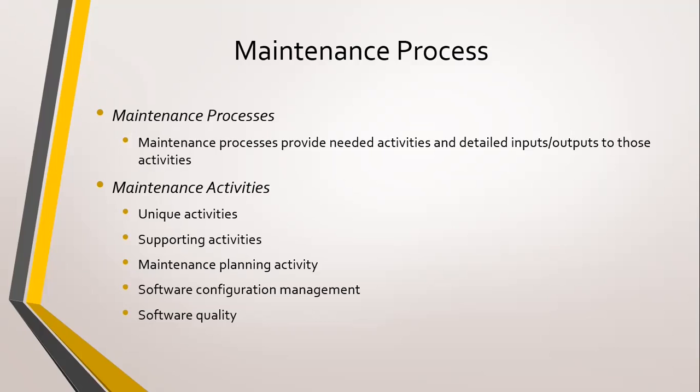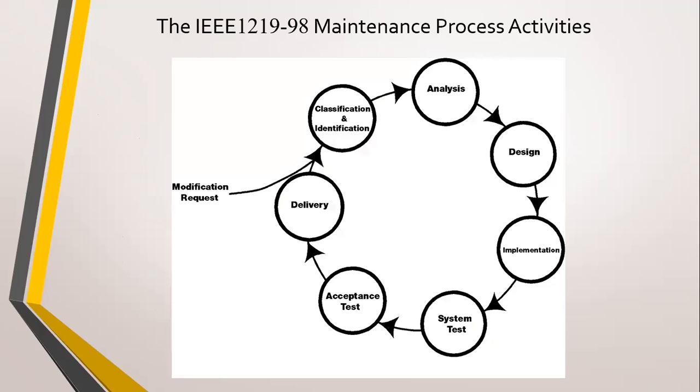Those are the main maintenance activities that we can see in the maintenance process. So this is the IEEE 1219 maintenance process activity. This is a standard.